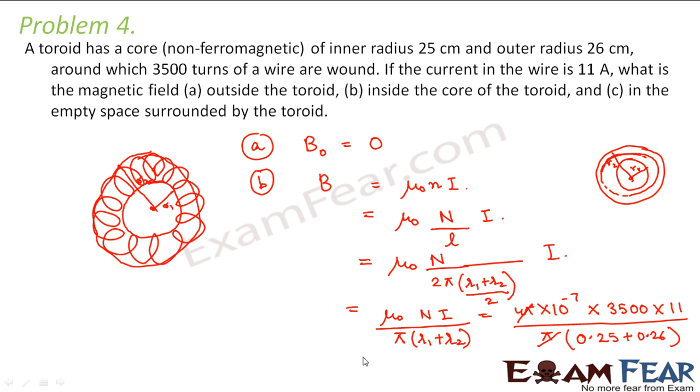So this comes out to be 3 into 10 to the power minus 2 Tesla. So this is the value of magnetic field inside the core of the toroid. And in the empty space surrounded by the toroid, obviously there also the magnetic field is 0. I hope that the topic on solenoids and toroids is now clear to you.